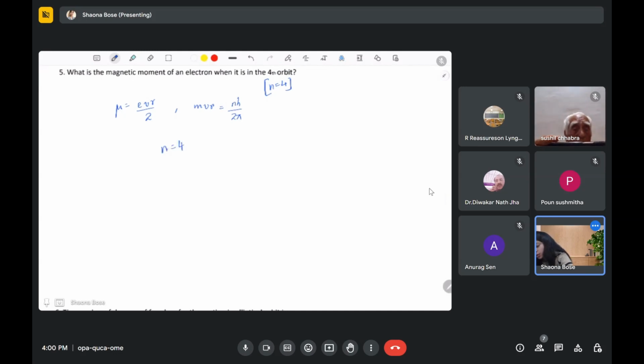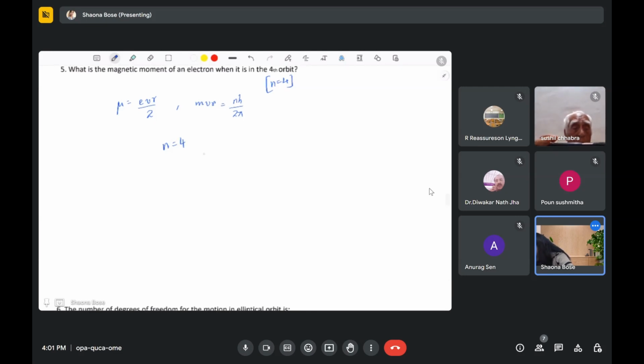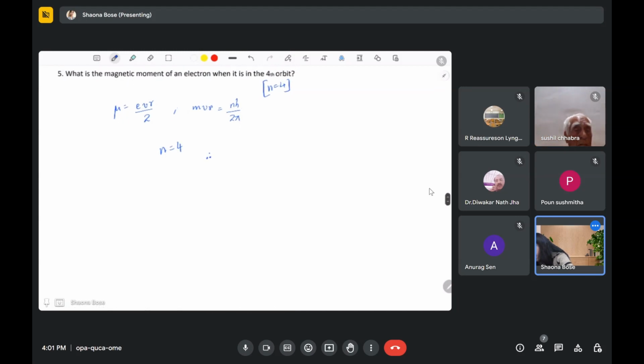So here n is equal to 4, right? Therefore mvr is equal to, put 4 here, 2h by pi, or vr is equal to 2h by m pi. So this is our number 2 equation. This is number 1.